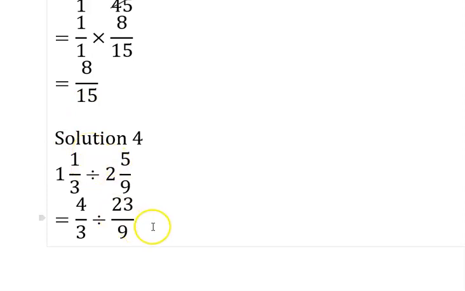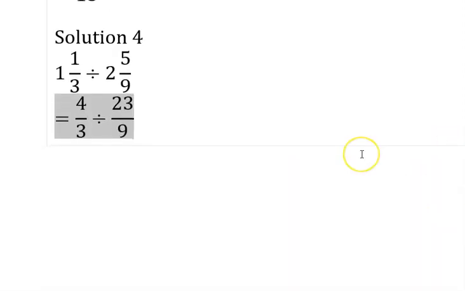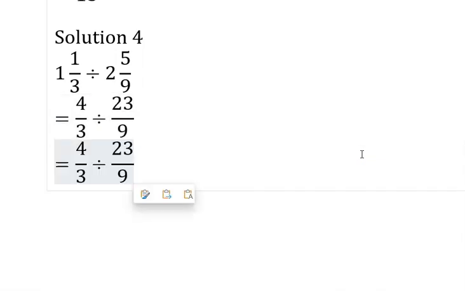Awesome. So where are we? We've been able to change this to 4 over 3, and we've been able to change this to 23 over 9. So what we want to do now is to change our division to multiplication. So while doing that, that means we are going to swap.